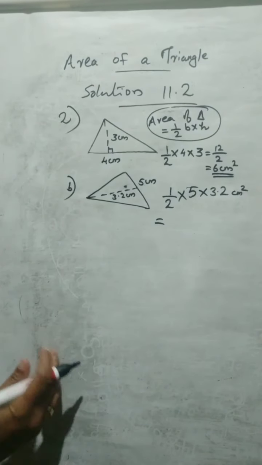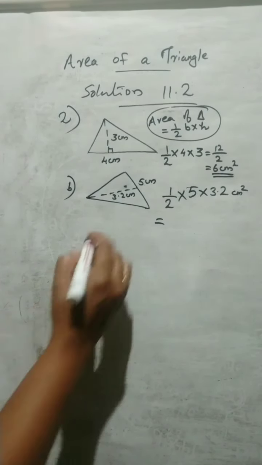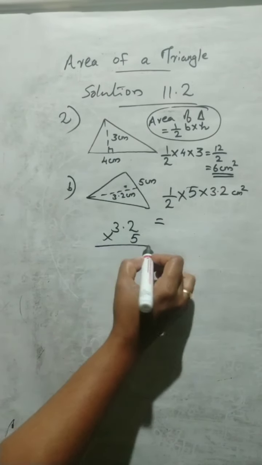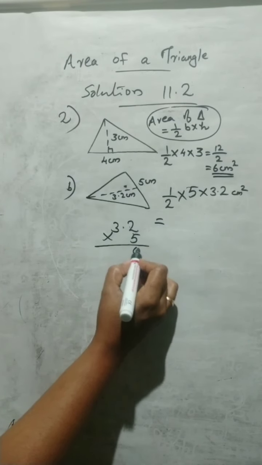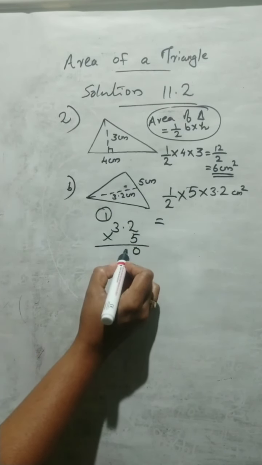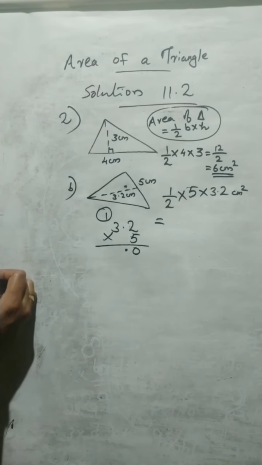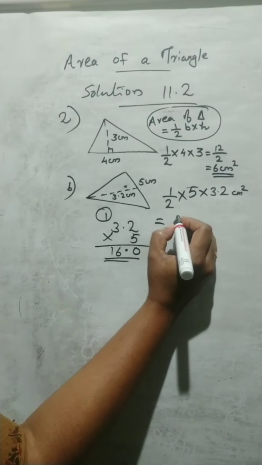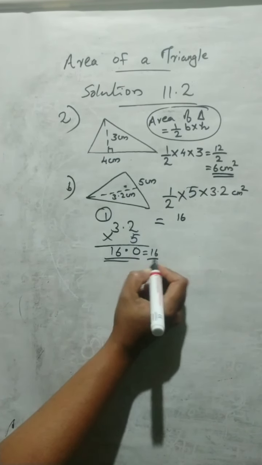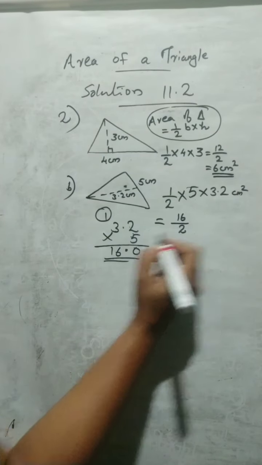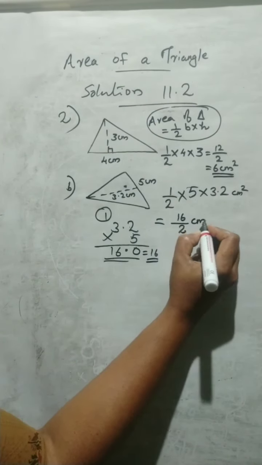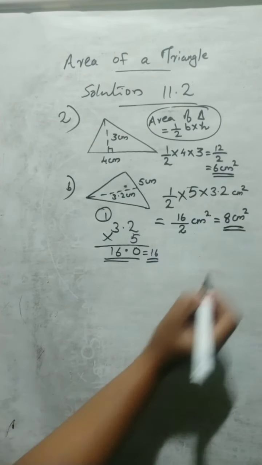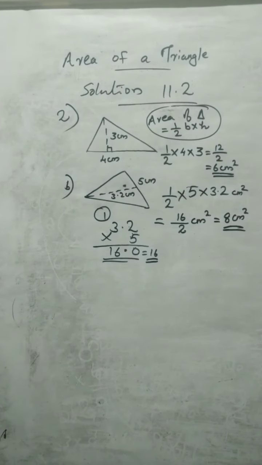So 3.2 multiplied by 5: 5 twos are 10, then 1 will be there, 5 threes are 15 plus 1, 16. 16.0, we can write it as 16. 16 divided by 2 is equal to 8. 8 centimeter square is the answer. It is very easy.